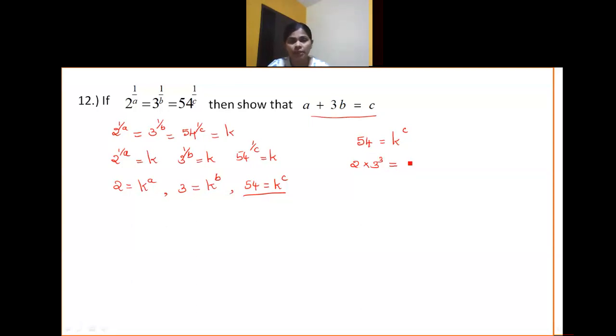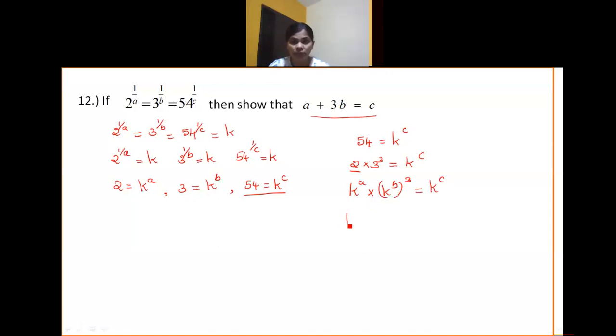That is equal to k to the power c. Now I already know the value of 2, which is k to the power a. So let me replace it, and I already know the value of 3, which is k to the power b, to the whole power 3. That's equal to k to the power c.